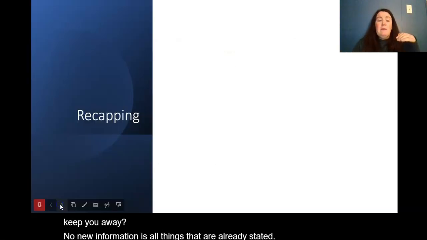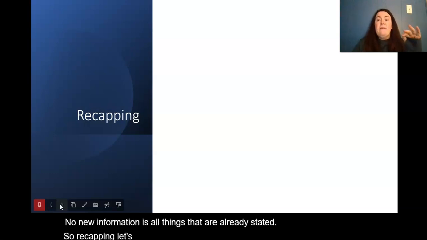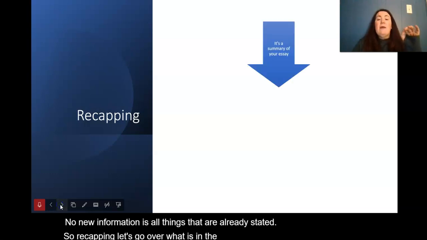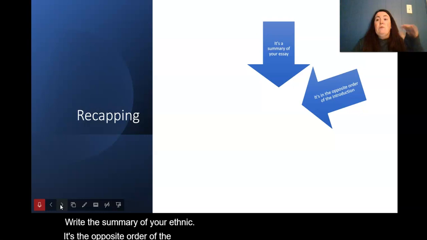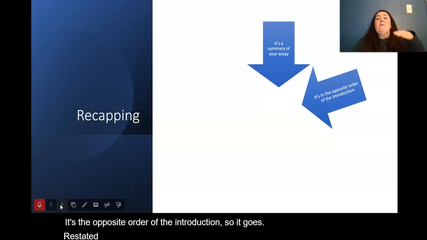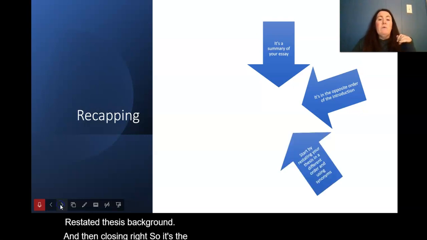So recapping, let's go over what is in the conclusion, right? It's a summary of your essay. It's the opposite order of the introduction. So it goes restated thesis, background, and then closing, right? So it's the opposite of our intro.